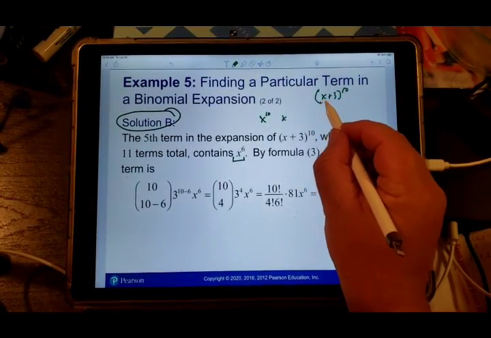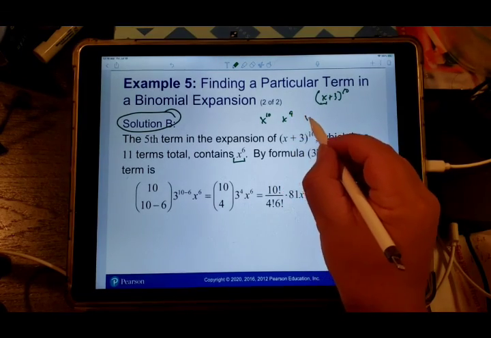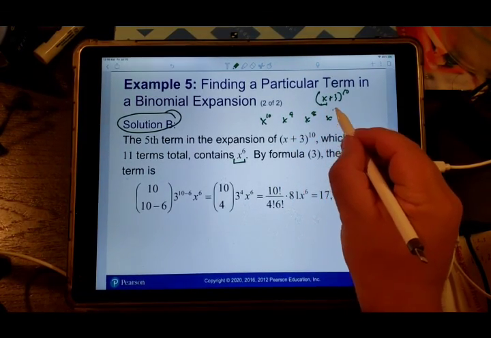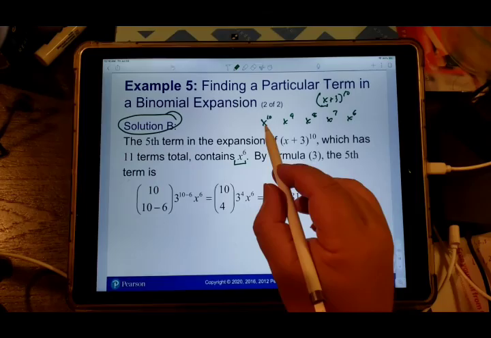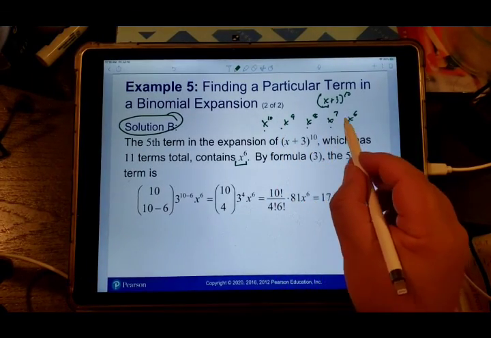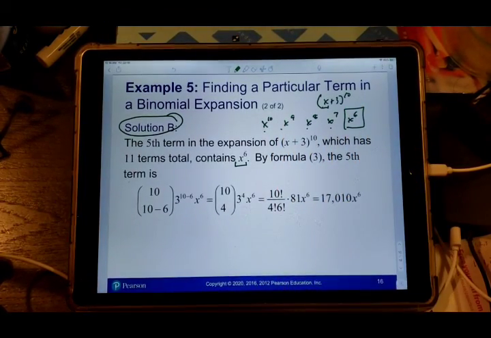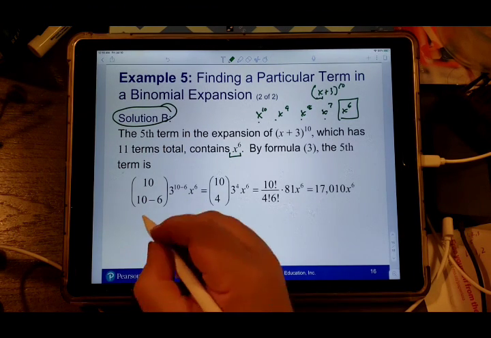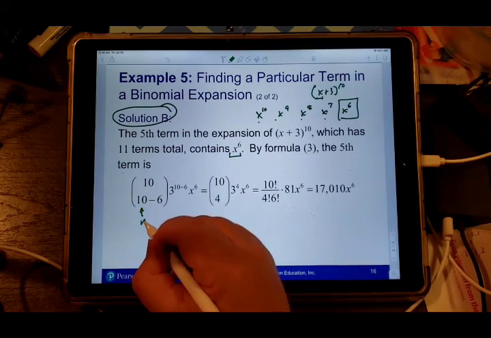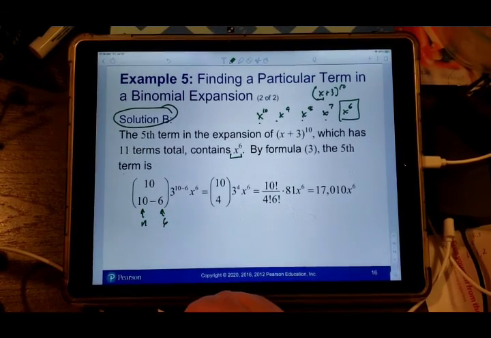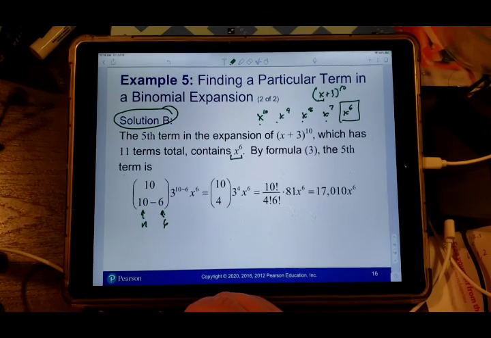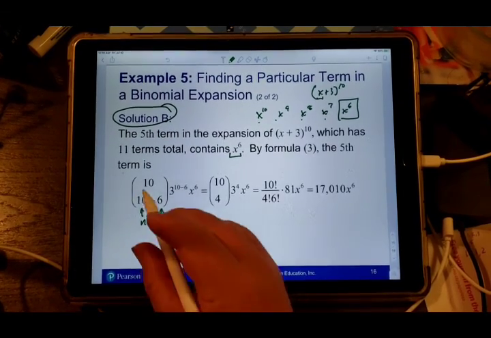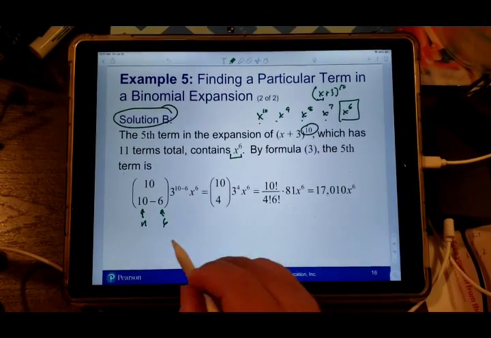So x goes from 10, 9, 8, 7, 6. So first, second, third, fourth. There's the fifth term. So since I know I'm looking for the term that contains x to the 6th, I can put n here, 6 there, n is 10, this 10.